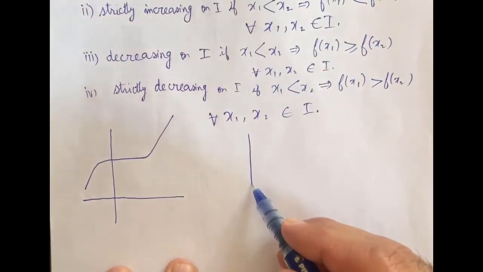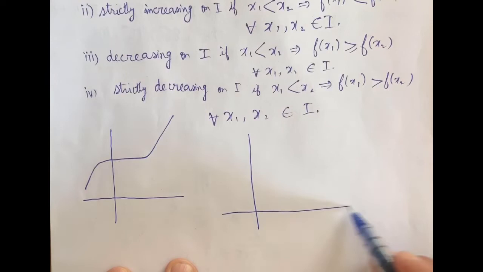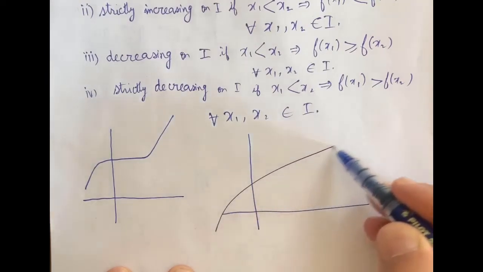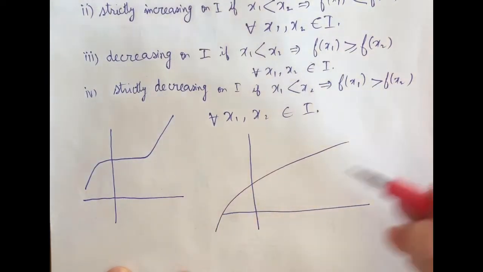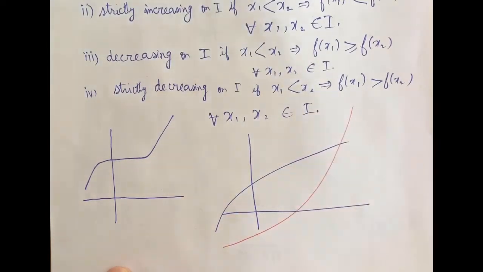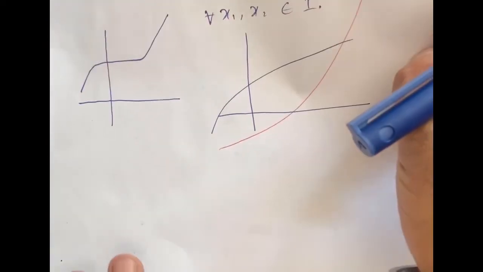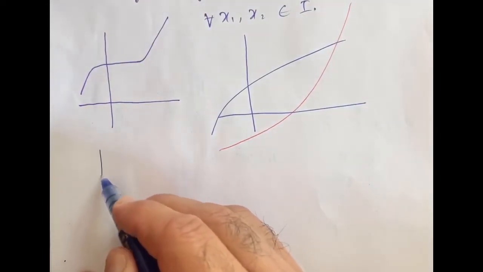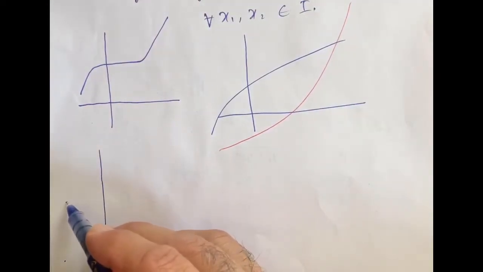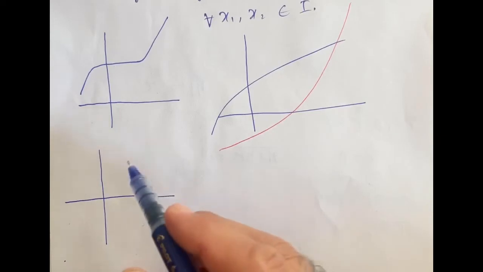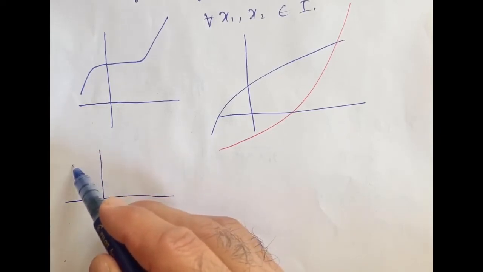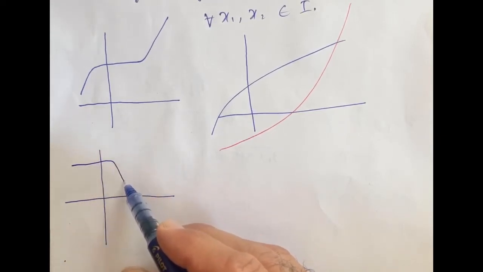graph is like this: y-axis, this is x-axis. So this is the graph. For third, decreasing function, this is again y-axis, this is x-axis. For decreasing function, there may be some horizontal portion.